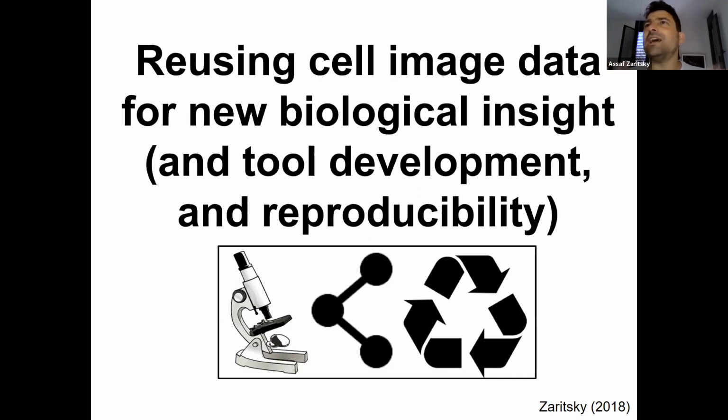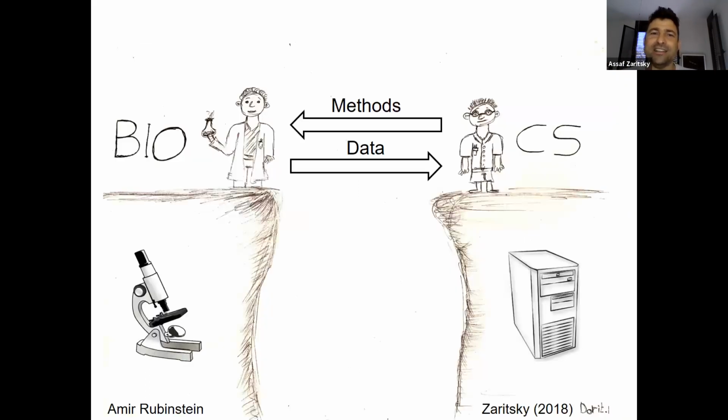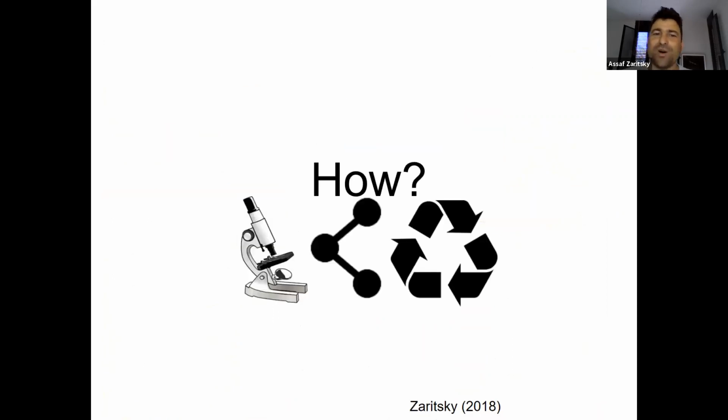You see that in every field that opens its data and makes big public repositories available, computer scientists come. We're like flies coming to it, right? We are driven by data. The idea is that we need data, they'll get methods, everybody will be happy. So how to do it? A microscope is data generation, this is sharing, and this is recycling, reusing, right?